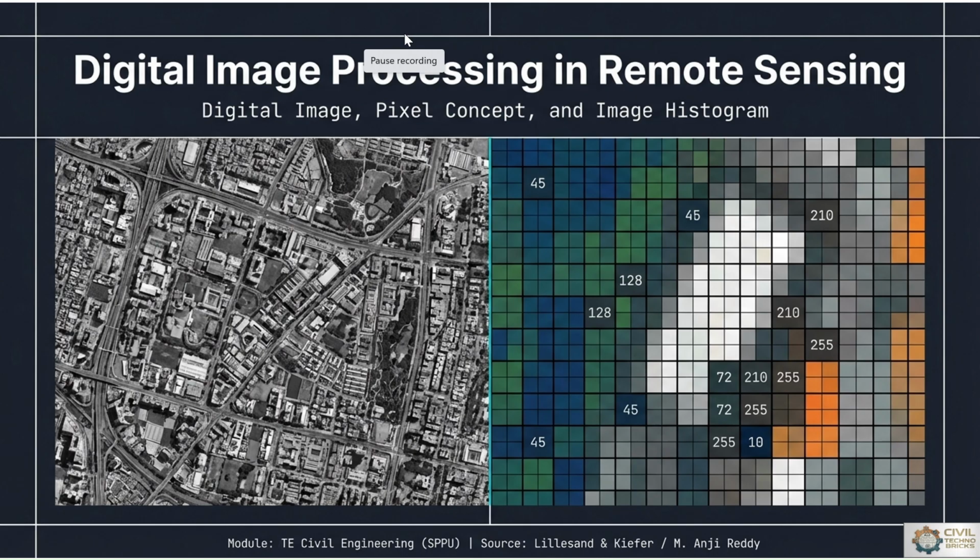So we will go through the concepts of pixels, digital numbers, and how we can use histograms to assess data quality. So you will understand the anatomy of the digital maps used for site analysis and infrastructural planning here.